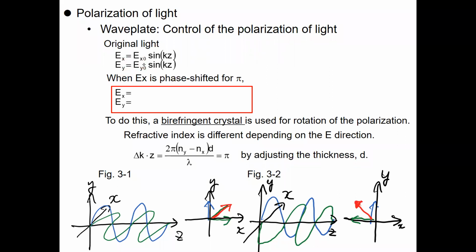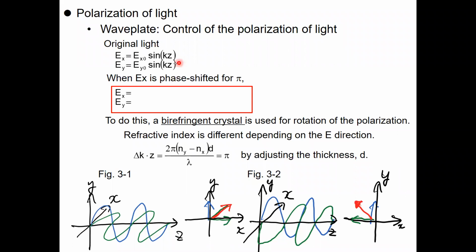So we can write EX equals EX0 sin kz, which is oscillation in the X polarization, the electric field direction. And then EY equals EY0 sin kz.